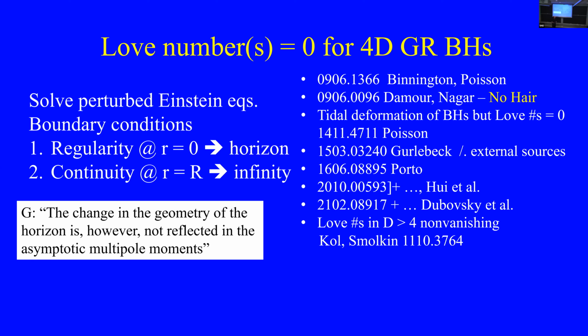People just found it by brute force calculation. You solve the Teukolsky or Regge-Wheeler equations, you put in boundary conditions, you check the different powers in g_tt, and you find the coefficients from there. It's a completely straightforward calculation. And they found that it's zero.